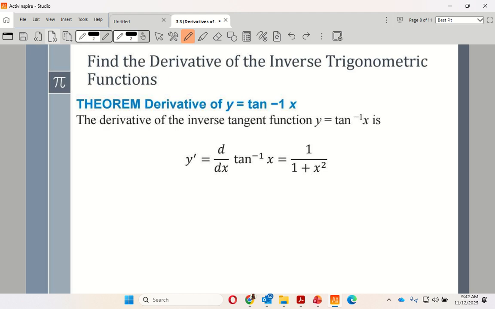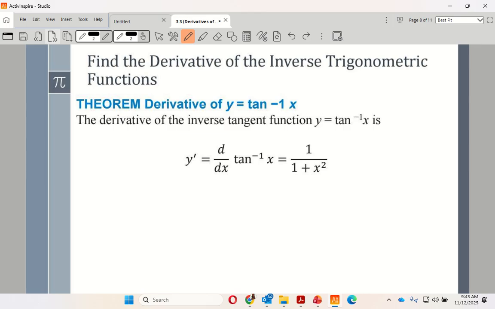I try to remember this as best I can because this is what pops up the most when we're dealing with integration. Integration is the undoing of a derivative. So if I start a problem with 1 over 1 plus x squared, and I have to work my way backwards, it would give me arctangent. Integration works from the right to the left, where the derivative goes from the left to the right. That's one I always remember because of that.